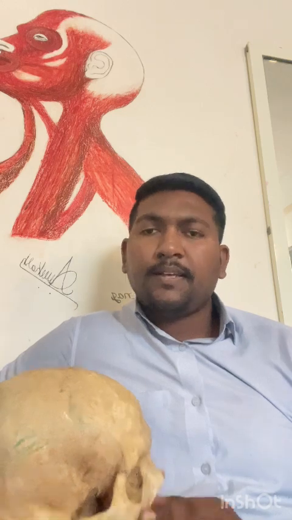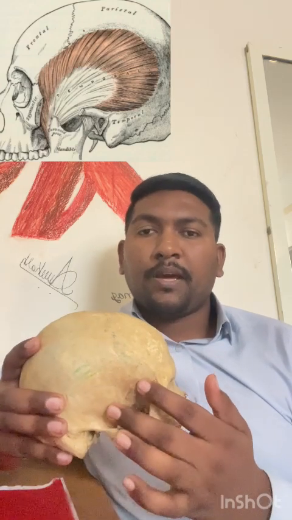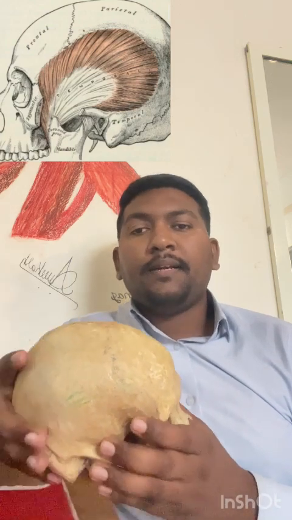Now we will discuss the temporalis muscle, which arises from the whole of the temporal fossa and the deep portion of the temporalis fascia. The fibers run downwards, pass between or behind the zygomatic arch, and are inserted into the medial surface of the coronoid process.